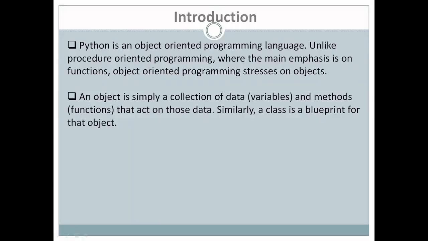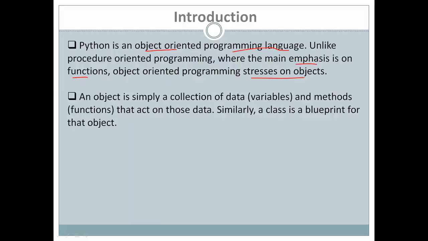Python is an object-oriented programming language. Python supports many principles of object-oriented programming. Unlike procedure-oriented programming, where the main emphasis is on functions, object-oriented programming stresses objects.